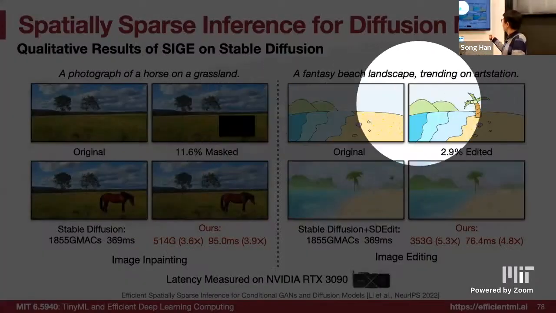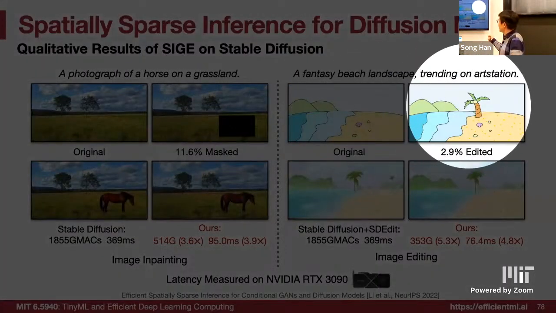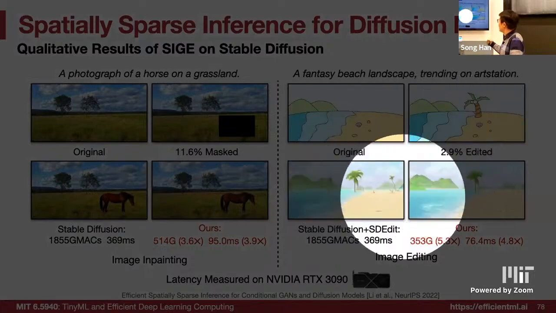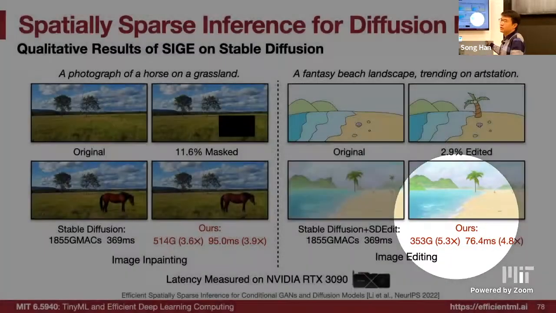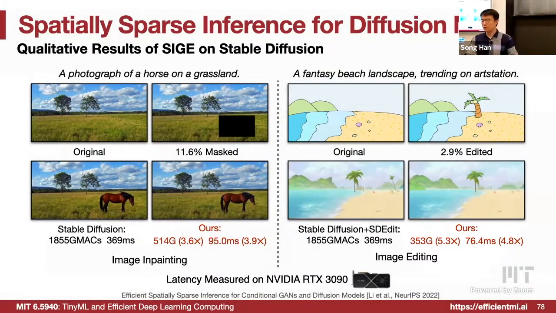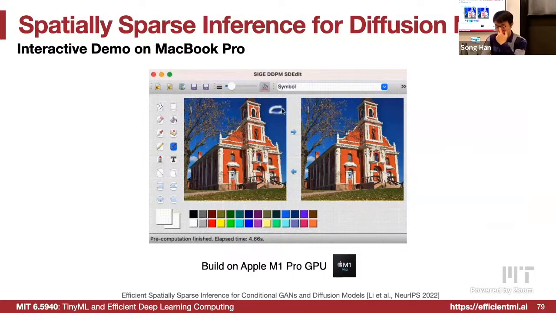We only edited 3% of the pixels, adding a coconut tree. This is the baseline model. This is our model. The generated quality is pretty much the same while being more than 4x faster. So this is the real-time demo showing that this technique can enable interactive photo editing, for example, adding some cloud to the image.